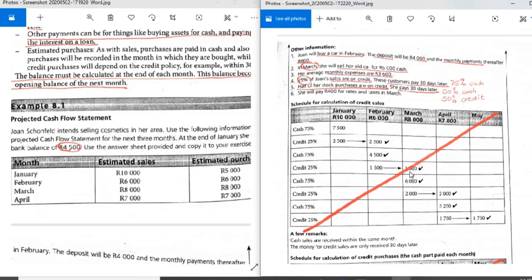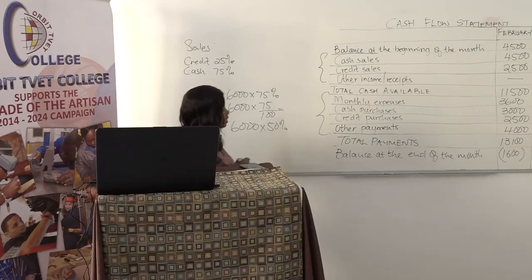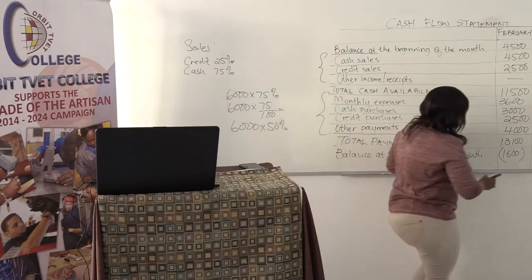But it does not end there when we talk about other payments. Transaction number 6 says she will pay 400 rand for rates and taxes in March. So we're going to take that 600 rand, which is the installment of the car, plus 400 rand for rates and taxes. That amounts to 1,000 rands.